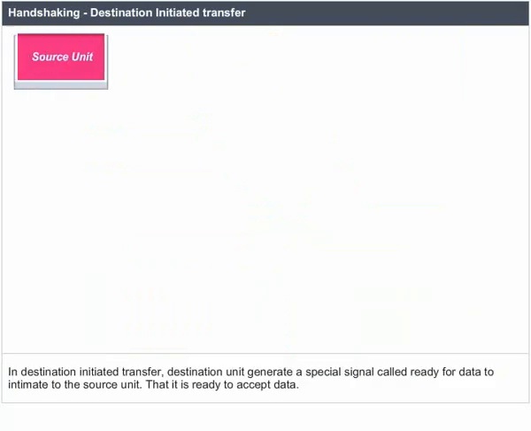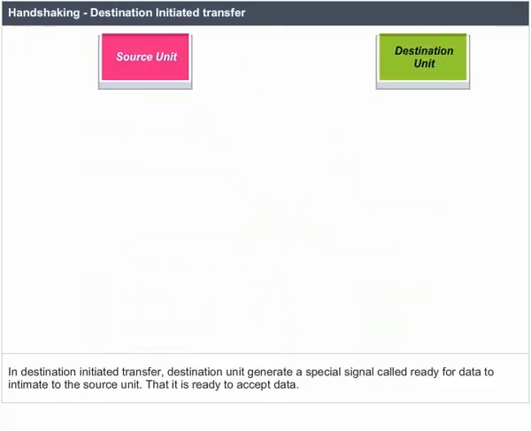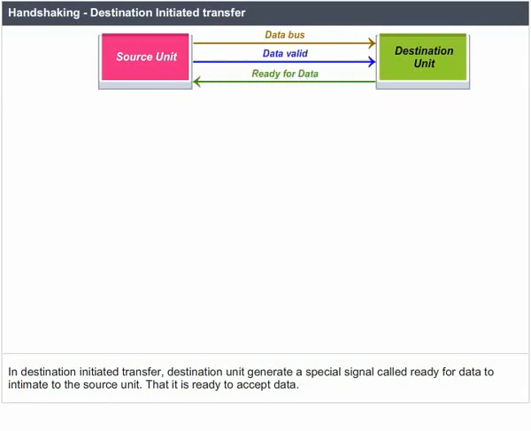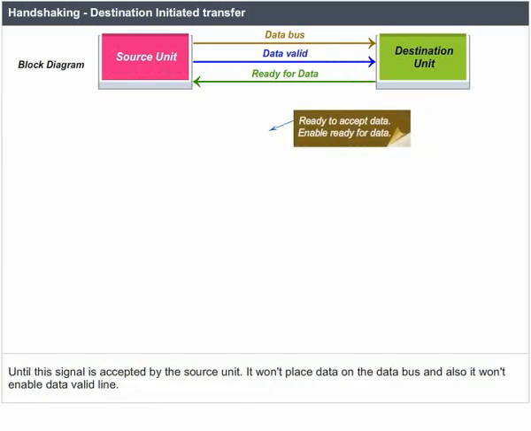Handshaking, destination-initiated transfer. In destination-initiated transfer, the destination unit generates a special signal called ready for data to intimate to the source unit that it is ready to accept data. Until this signal is accepted by the source unit, it won't place data on the data bus and also it won't enable the data valid line.